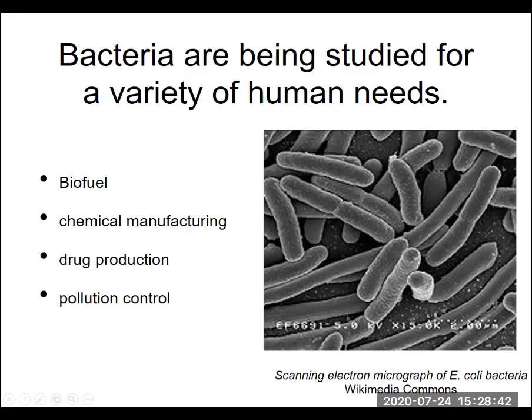So instead of using oil and petrocarbons and gasoline as a fuel source, we can have the bacteria producing products that we can then use as a fuel source. And so this is, again, just an overview of microorganisms, primarily bacteria and yeast, that we can either use naturally or modify in some way, enhance their function, change their characteristics, to allow us to better use these as a little factory.